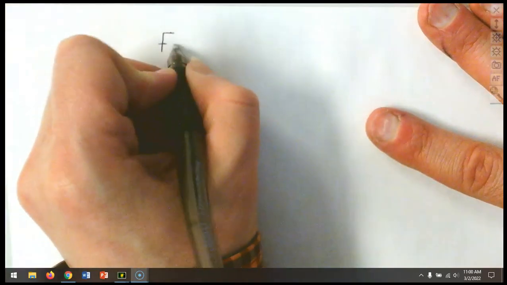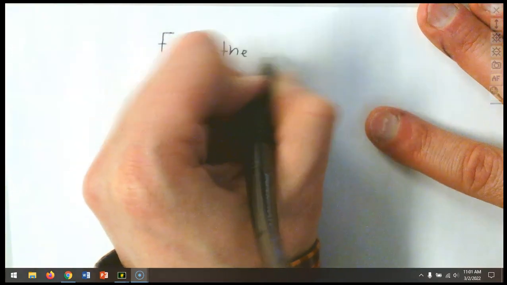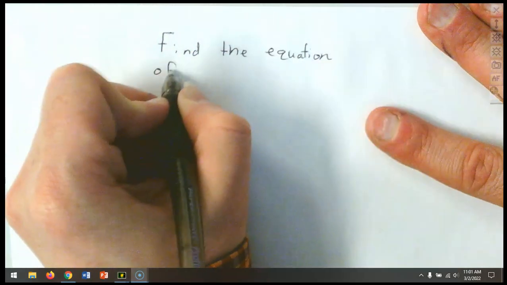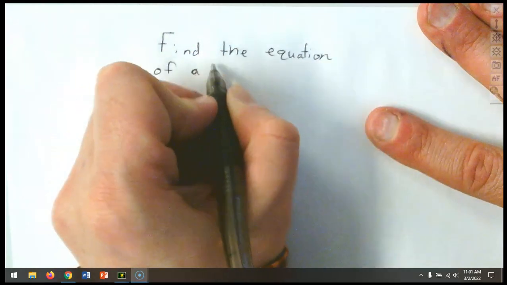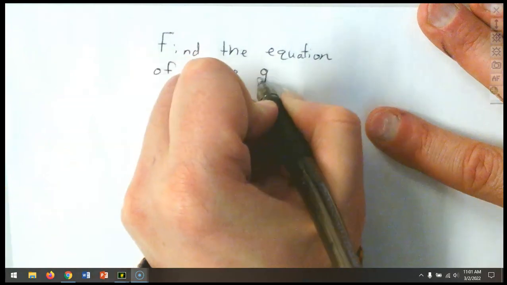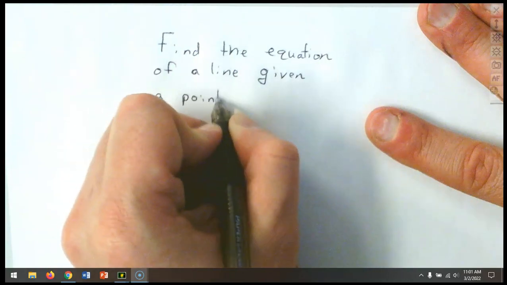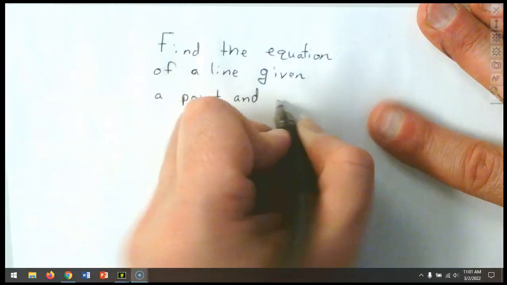Now, the easiest way to do these is to use a flow chart. So I'm going to write up a flow chart, and we're going to talk about how this flow chart works. So the first thing we want to start off with is what we're trying to do. And we want to find the equation of a line given a point and a slope.